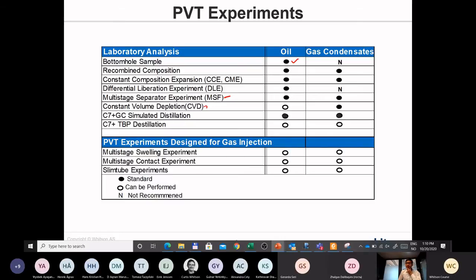Another reason why the DLE experiment is a kind of dangerous experiment for gas condensates is that you have a very rapid change in the total composition in the PVT cell. If you start the experiment at the saturation pressure, which will be the dew point, you will have only single phase gas in the PVT cell.